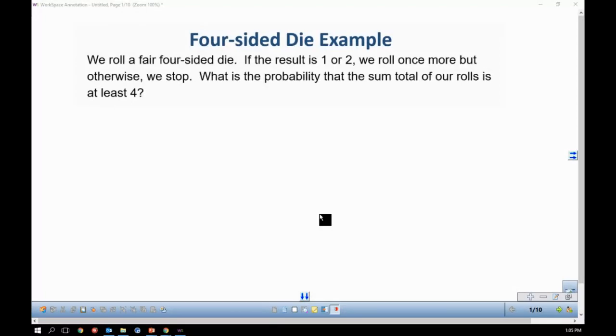Okay, so four-sided die. Let's think of all of our possibilities here. So it gives us a whole paragraph, but if you're like me, you read that paragraph and you're like, yeah, sure, whatever.